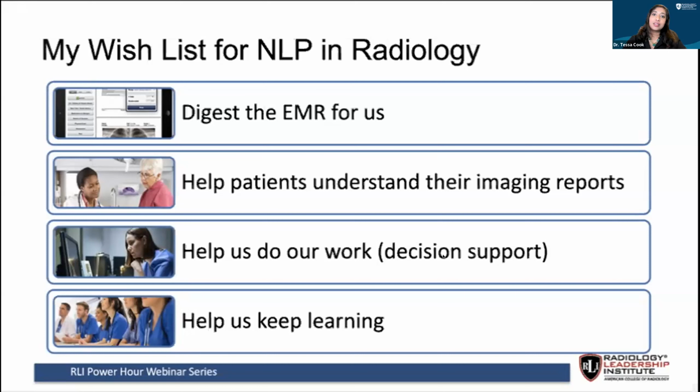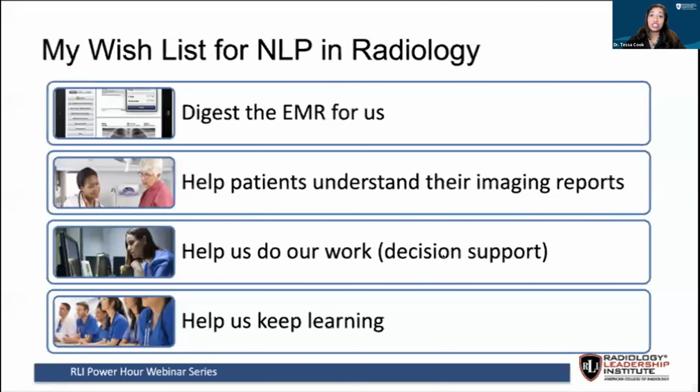I really think this is a powerful opportunity for patient engagement. We are historically criticized as radiologists for being out of touch and inaccessible to our patients, particularly those of us who are exclusively diagnosticians and don't do procedures. But this is an opportunity for us to engage better by giving patients a tool that can help them understand their reports and maybe even ask questions that help to inform their care and their management.